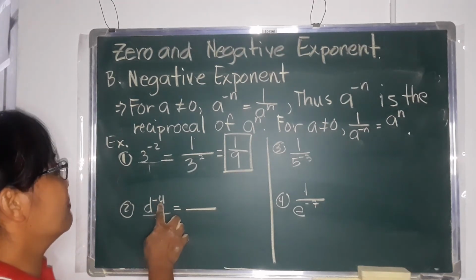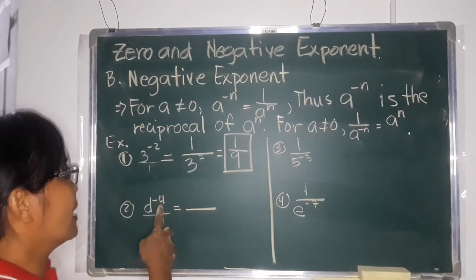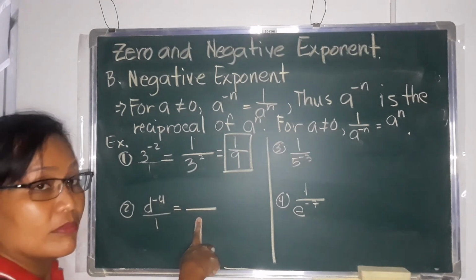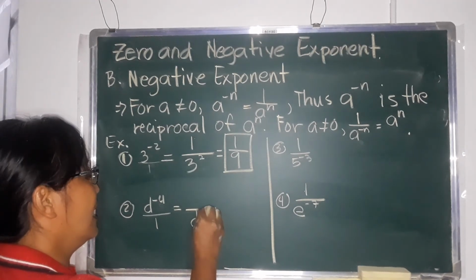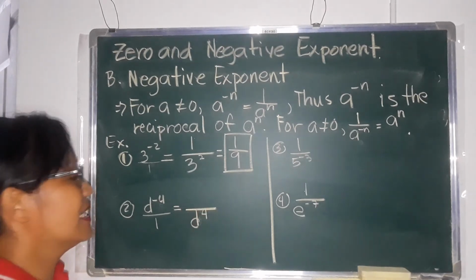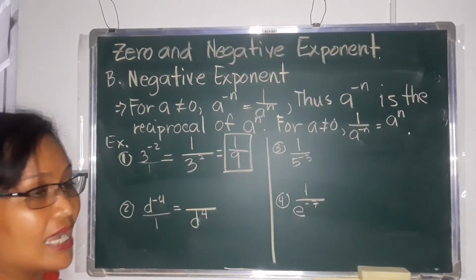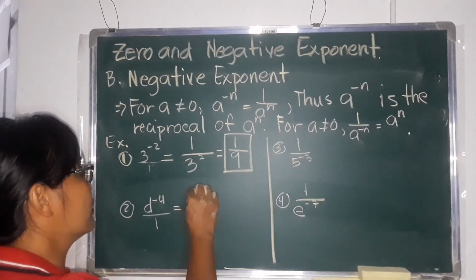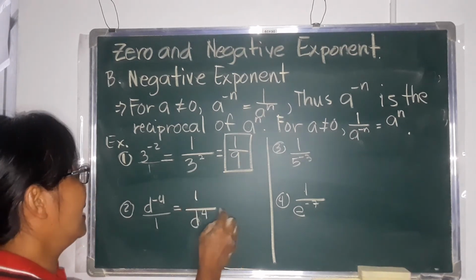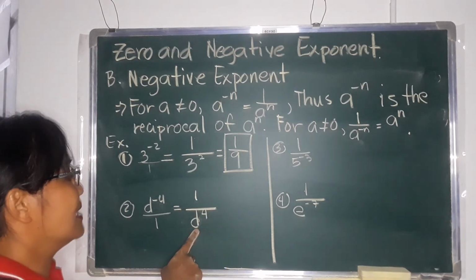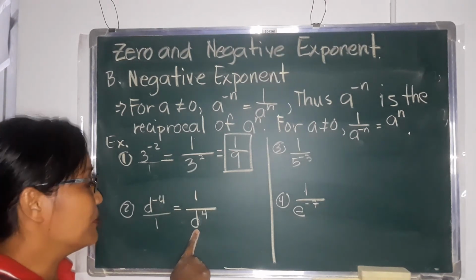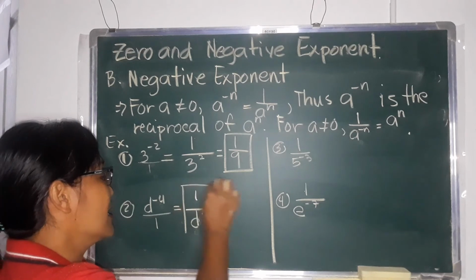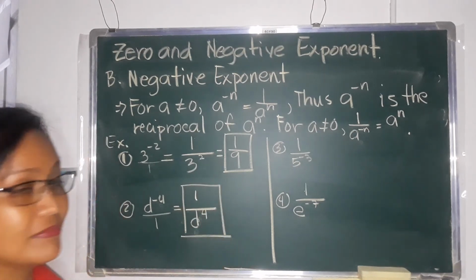Then, the negative exponent is on the numerator, so we will move it to the denominator. Copy and just remove the negative sign of the exponent. And then, of course, 1 on the top. Since this is not a number, it is a letter or variable, your final answer will be this one.